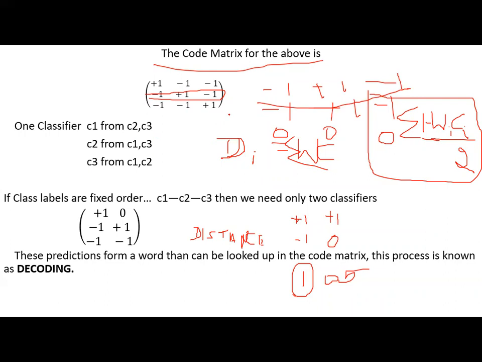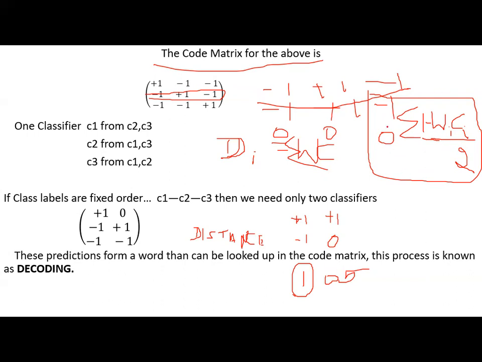If it is available, we say that particular class is the good one. If it is not found, we use a formula like sigma i from 1 to L of (1 minus w_i c_i) by 2.